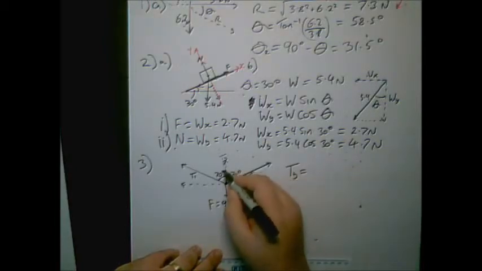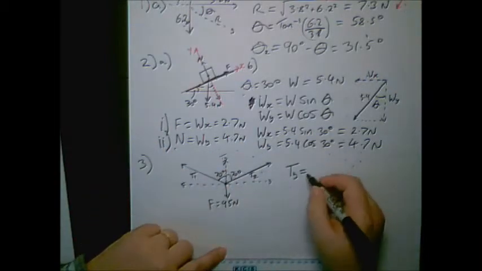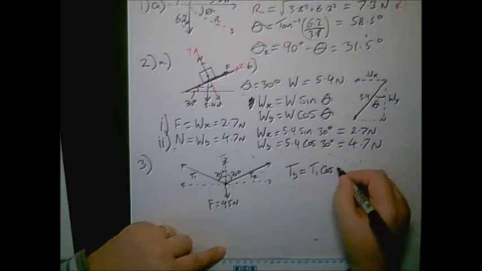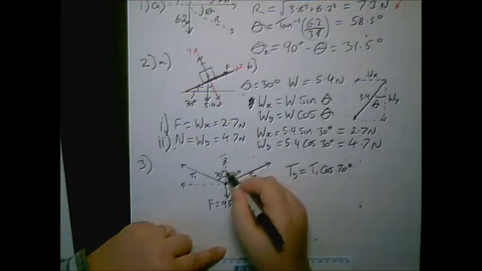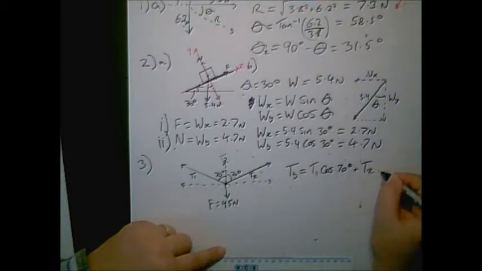So we can say that this part here that comes from this side is equal to T1 cos 70 degrees, and the component this side, from the same convention, comes from T2 cos 70 degrees.